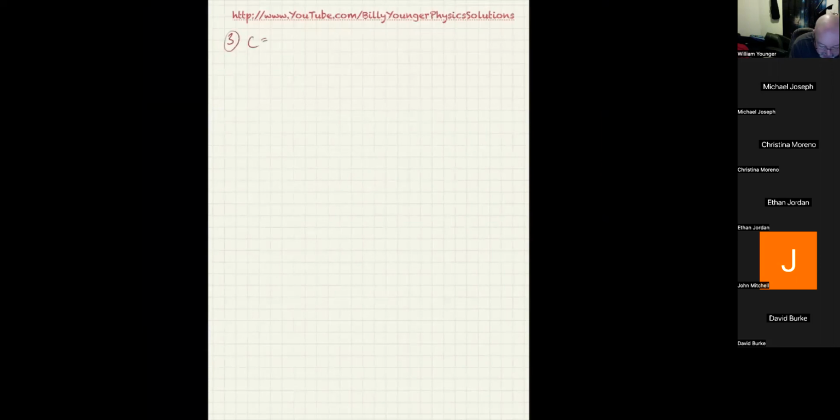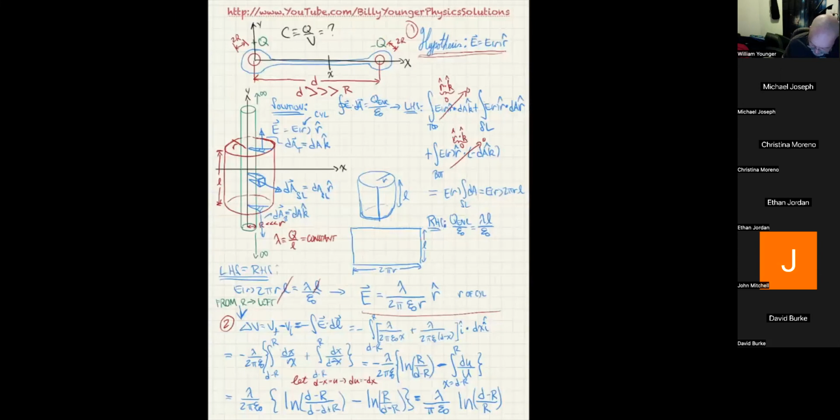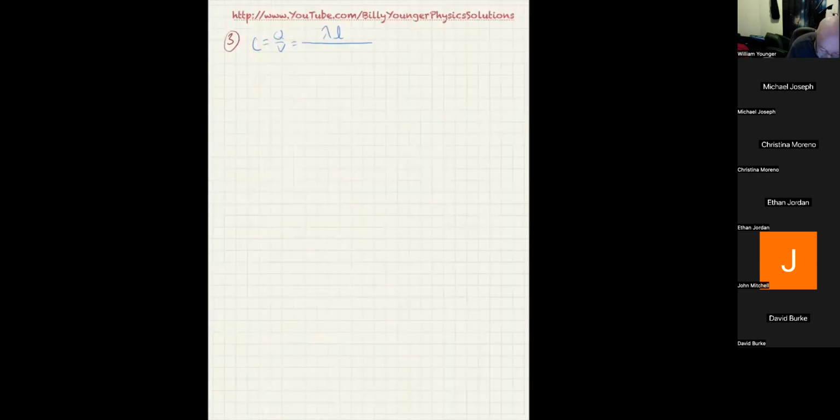C is equal to Q over V. We know Q is going to be, let's say, lambda L. What we have for the V, of course, is lambda over pi epsilon naught times the natural log of d minus r over r, which you can tell now gives us capacitance per unit length.